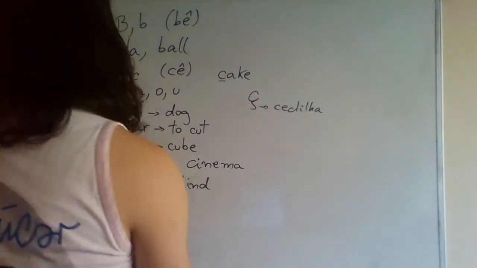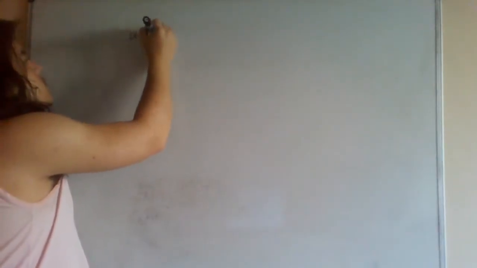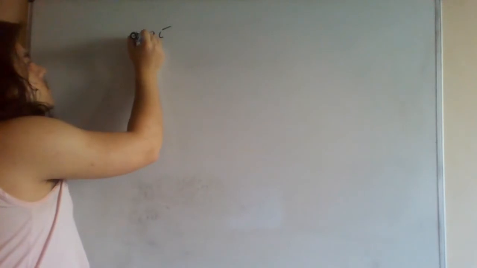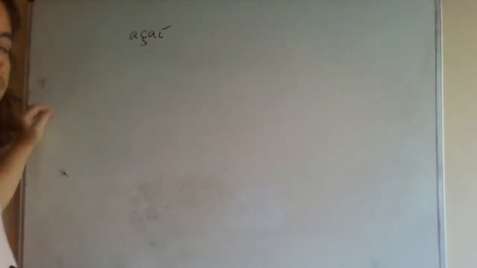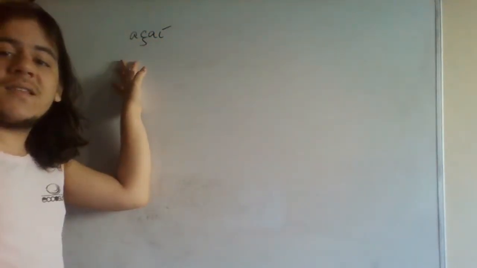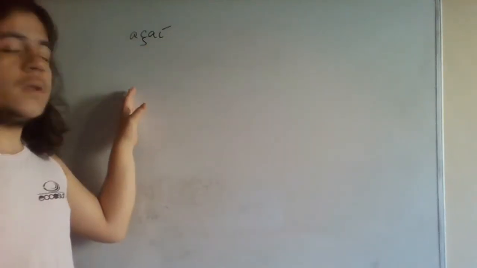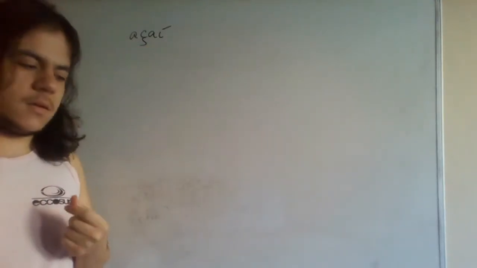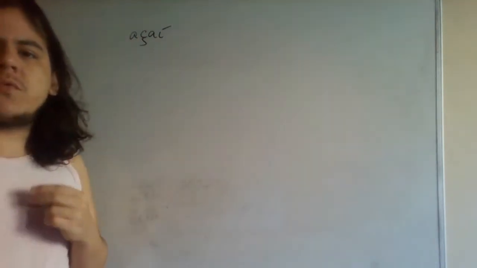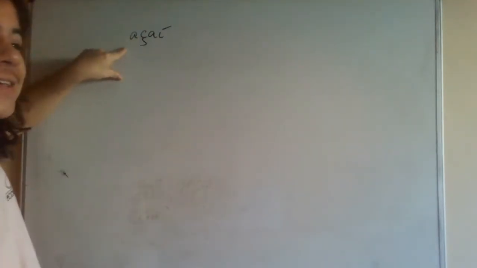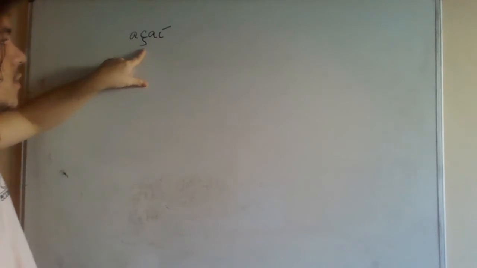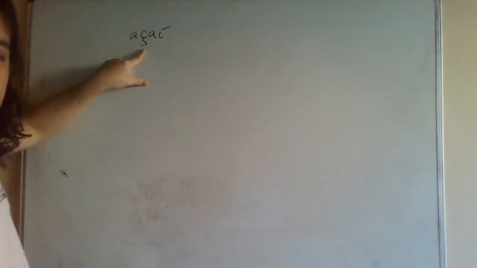For example, we have this word here, açaí. It's a famous fruit from the state of Pará in northern Brazil. So in açaí, we have letter C with a cedilla below.